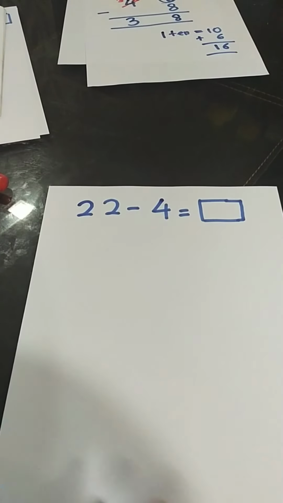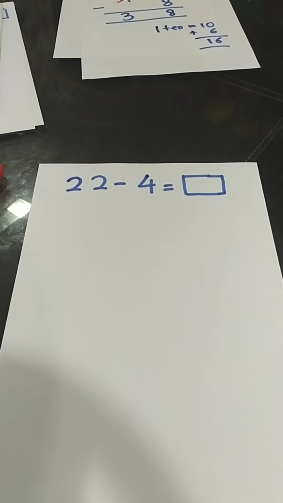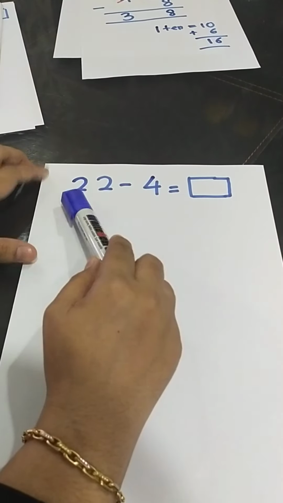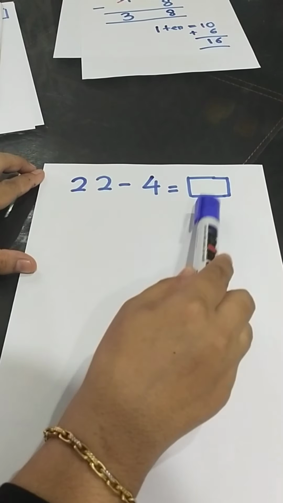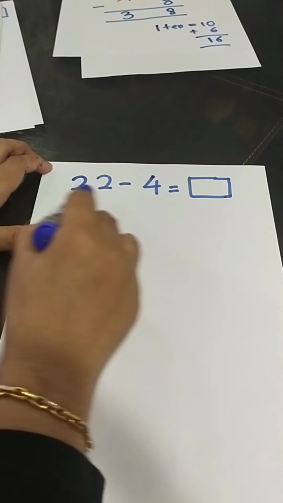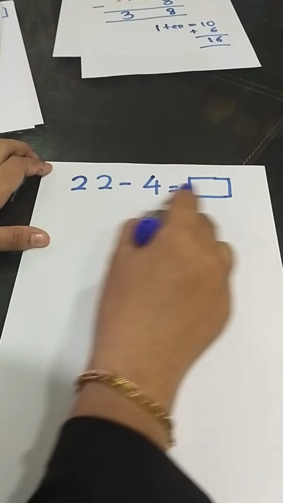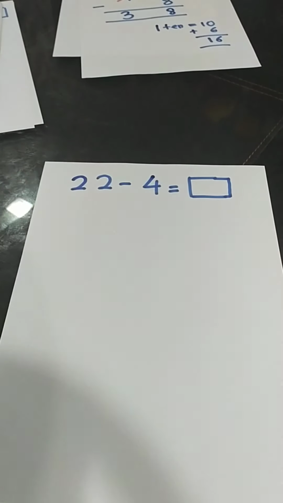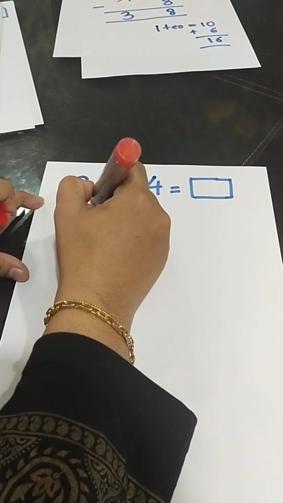Okay, this example is 22 minus 4. 22 minus 4 equal to what number? As usual, we need to change this number sentence to standard written method. First, we write tens and ones place.